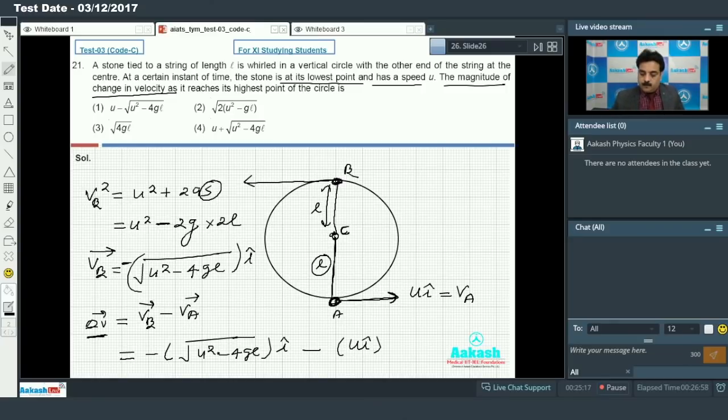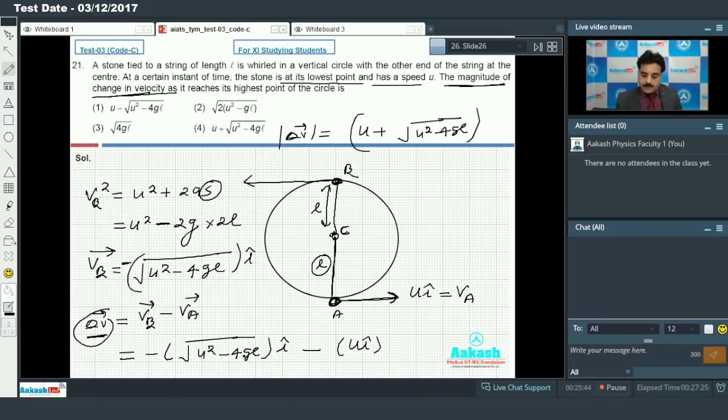But if I go for the magnitude of this change in velocity, because क्वेश्चन में बोला जा रहा है कि आपको कैलकुलेट करना है the magnitude of change in velocity. So when I take the magnitude, we'll get u plus root of u square minus 4gL, and this is the magnitude of change in velocity.